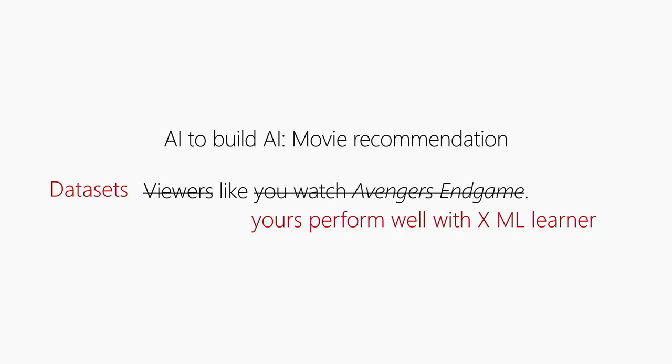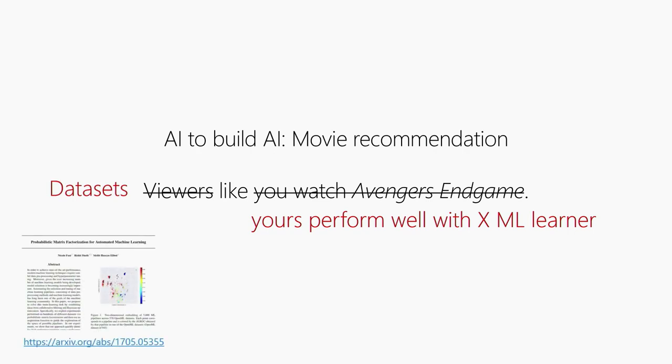And as we give you a machine learning algorithm and parameters for your data set, and we see how your data set performs, the next recommendation will be even better. Just like in a movie app, as you start watching more and more, I don't know, superhero movies, as you might imagine, your recommendations might become more targeted. So this is based on a Microsoft research paper called Probabilistic Matrix Factorization for Automated Machine Learning, mouthful, that you can read in your spare time.